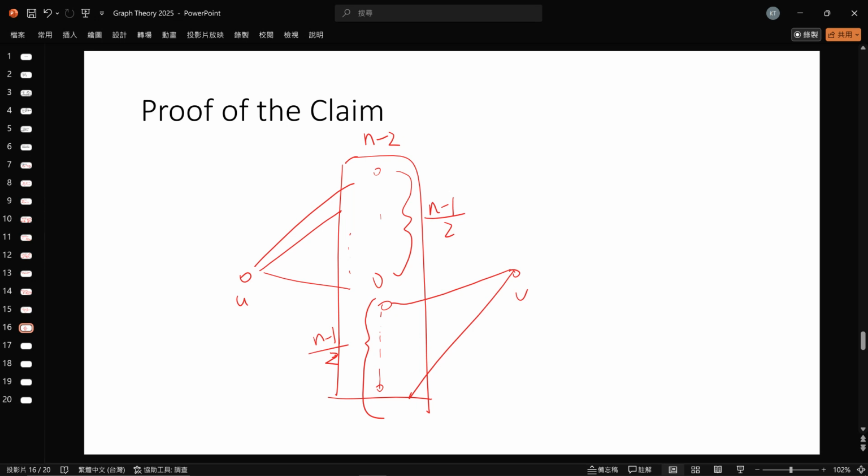Perhaps another way to prove this is again using proof by contradiction. So let's assume that they do not have common neighbors. This means these two sets are disjoint. Let's call this set S. So what is S? S is just the original vertex set excluding u and v, so the size of S will be n minus 2.